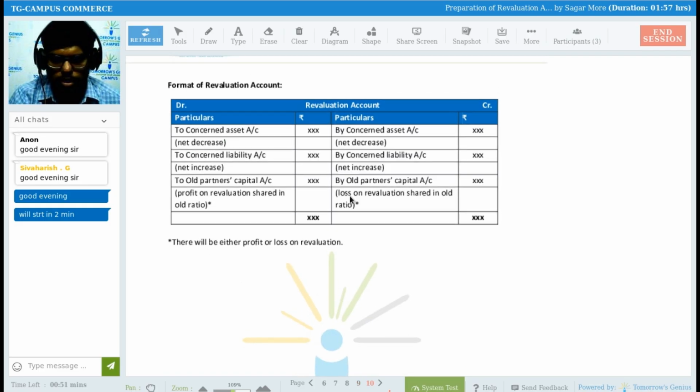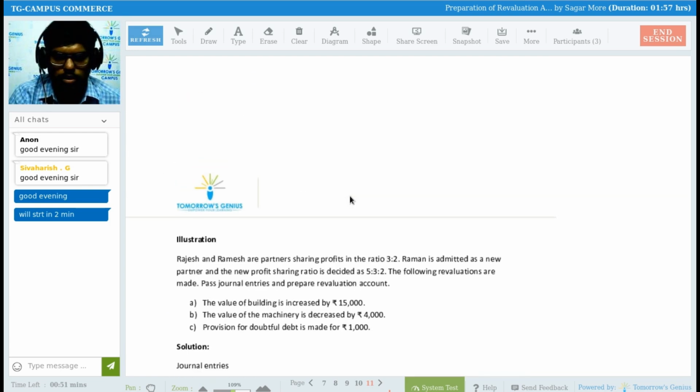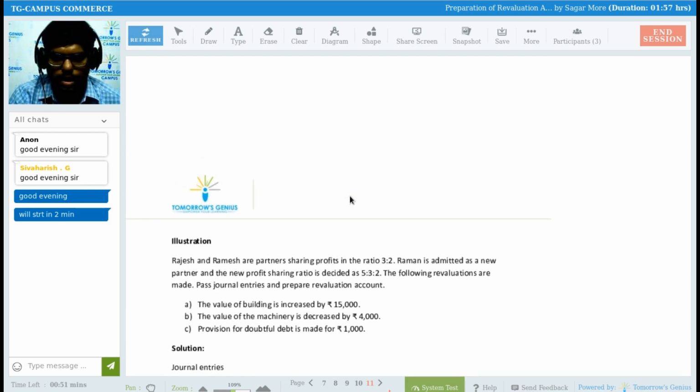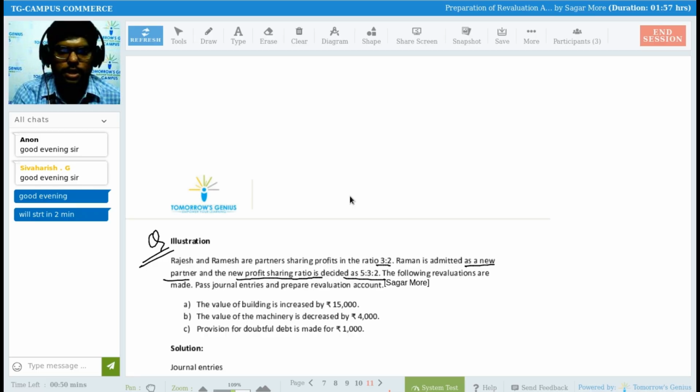Okay, if you understood this, we are going to solve questions on your revaluation account. We'll go one by one. I will be showing you. First of all, read this question carefully. Rajesh and Ramesh are partners sharing profits in the ratio of 3:2. Raman is admitted as a new partner and the new profit sharing ratio is decided as 5:3:2.